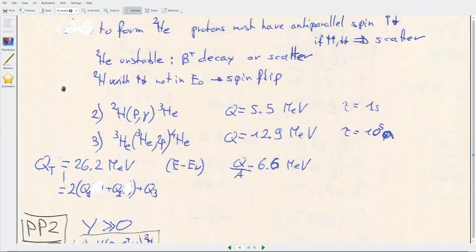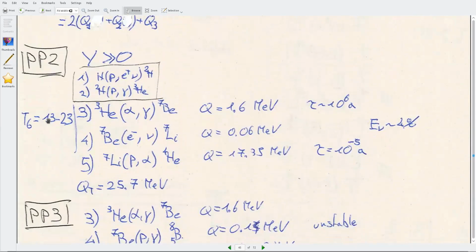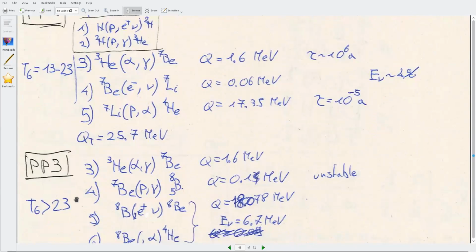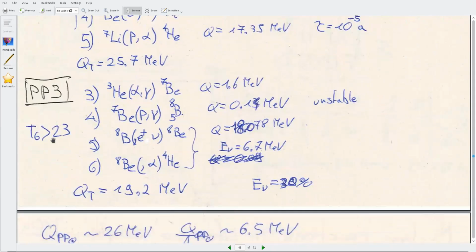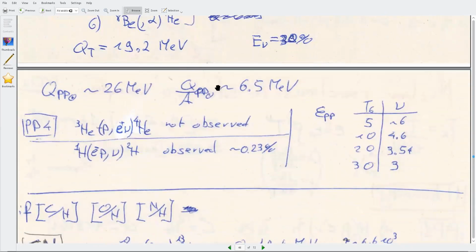Usually proton 1 is efficient up to 10 million. And proton 2 between 13 and 23 million degrees Kelvin. Above 23 million is proton 3, that is quite more complicated. It's just reacting with several elements to produce, but not producing this element because it's just an intermediate. In general, you have this value produced, 26 for each reaction.